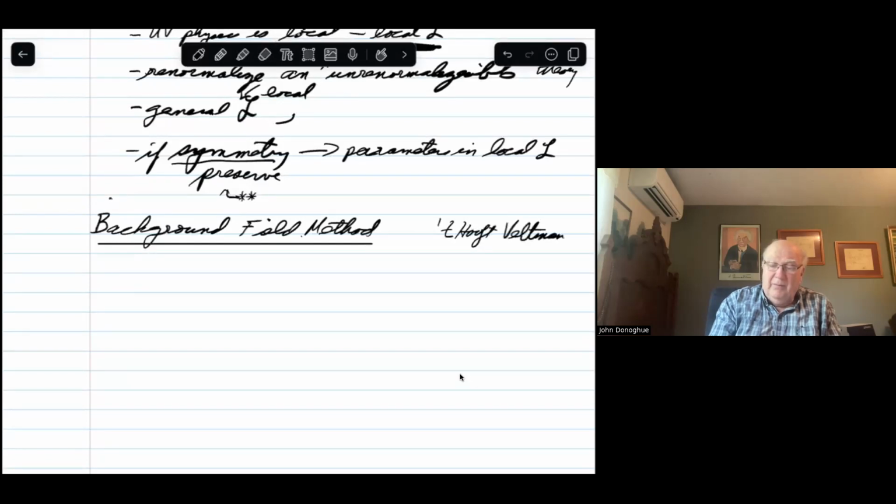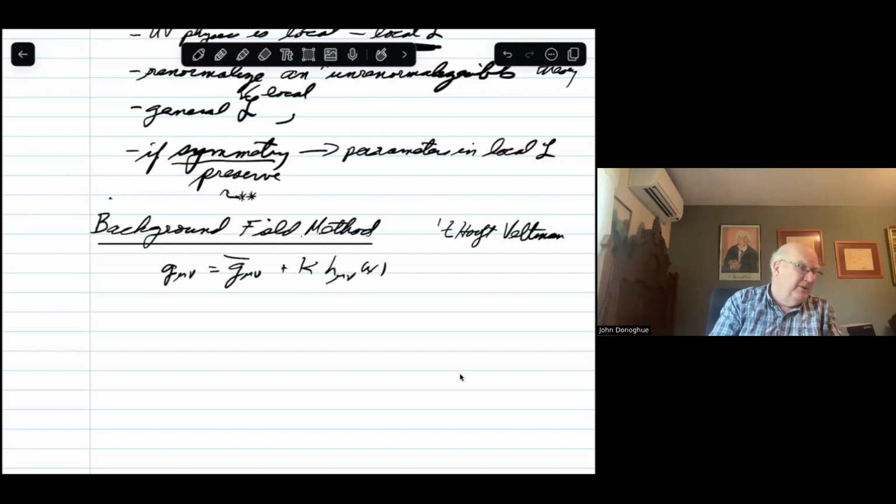In one of the more important papers in the literature, a true classic. Basically, remember, the background field method expands g_{μν} as a background field plus a quantum fluctuation, which is h_{μν}. I covered this in lesson 3.